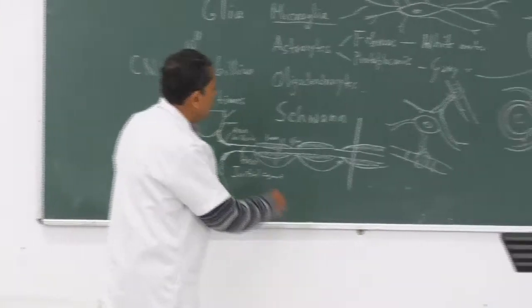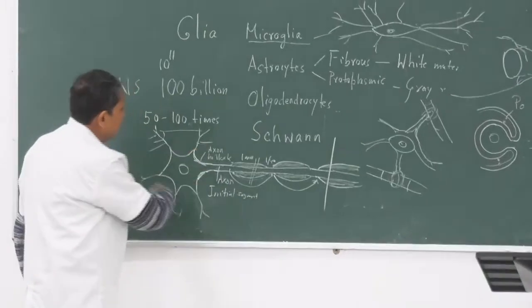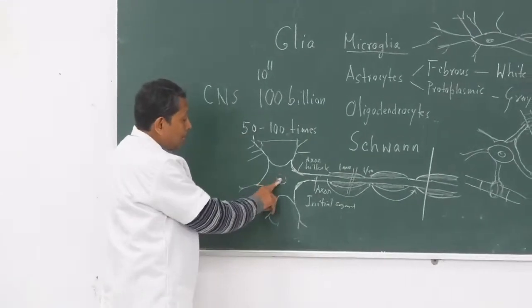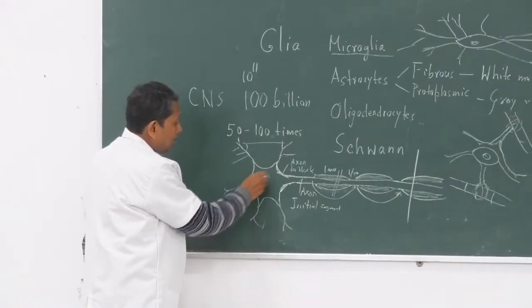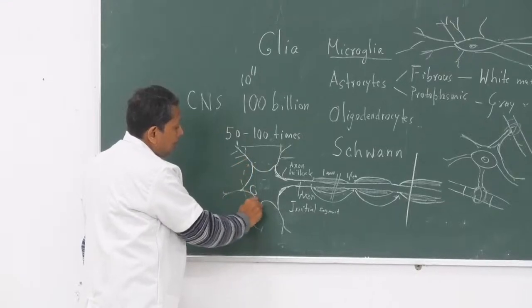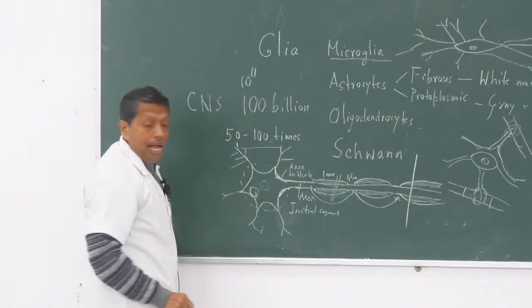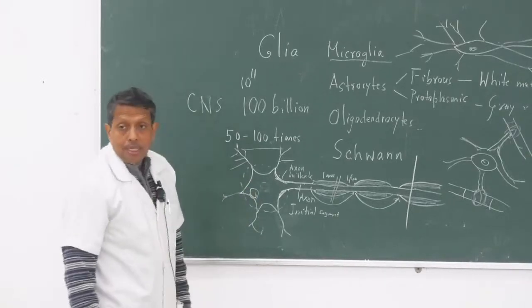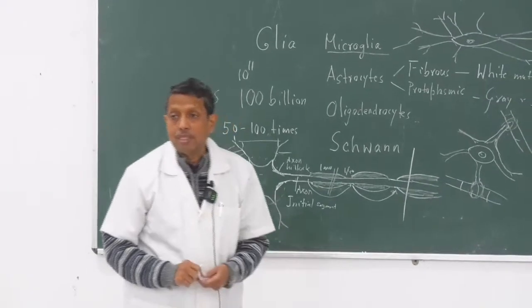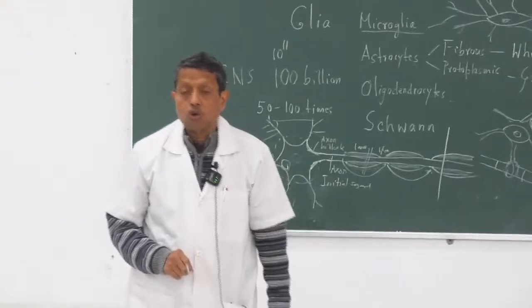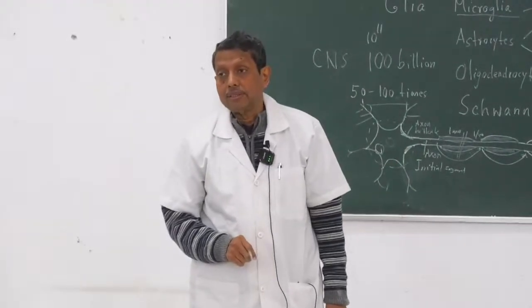And there are some changes in the cell body. There is swelling, and the nucleus is pushed to the periphery, and there is disappearance of the Nissl bodies. Chromatolysis. It is called chromatolysis.